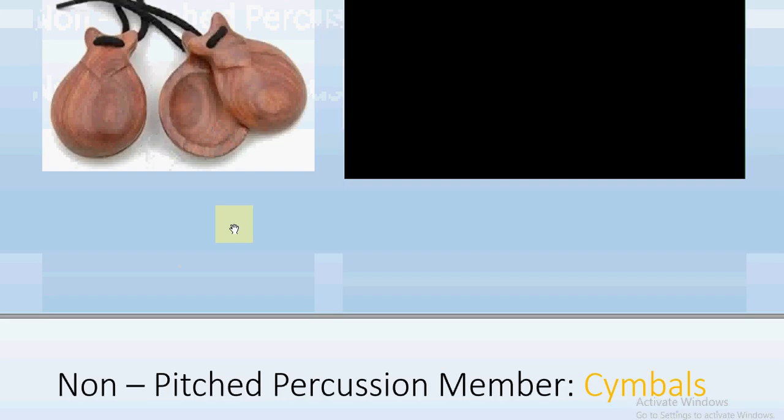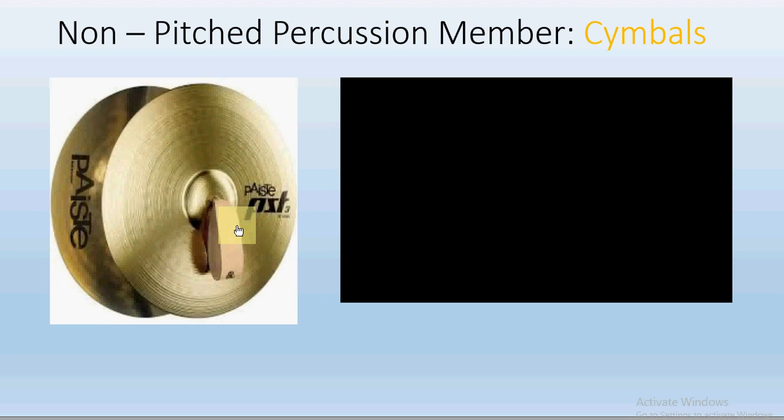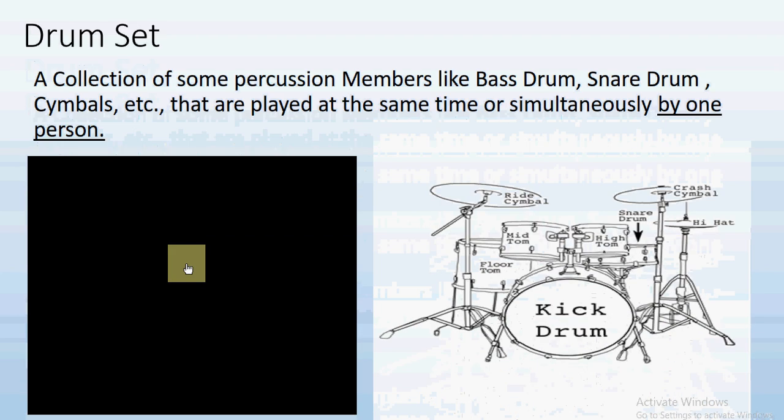And then we have the cymbal. If you have seen a scout or a military band, you could have seen the cymbal. So this is the cymbal. Then look at the drum set.